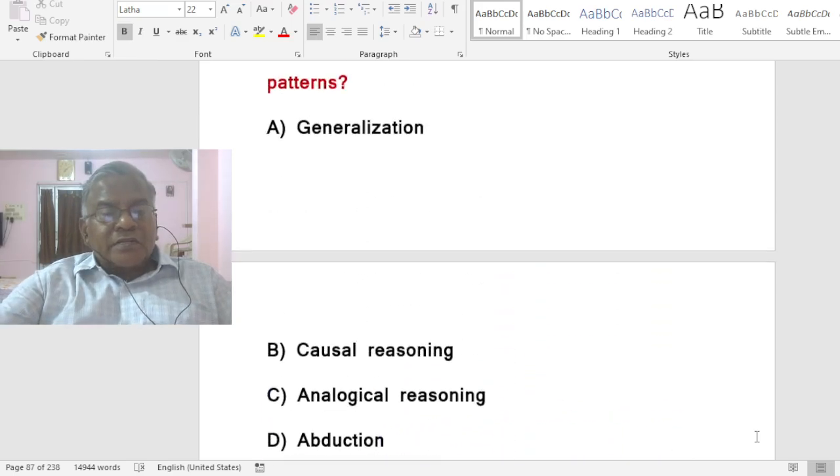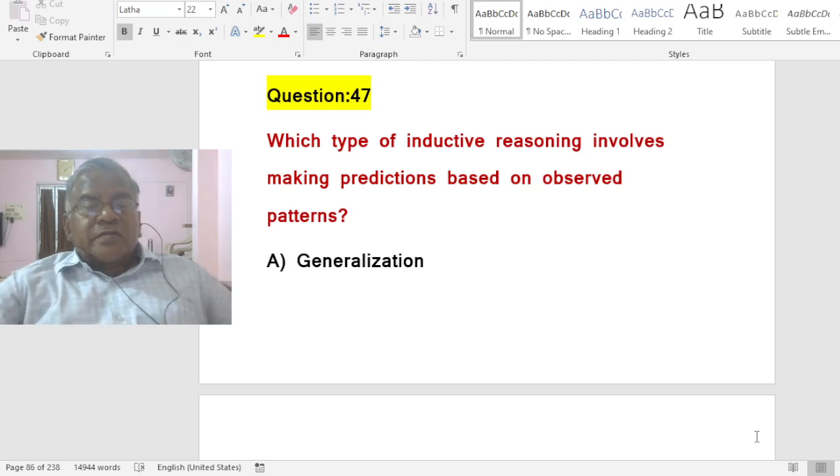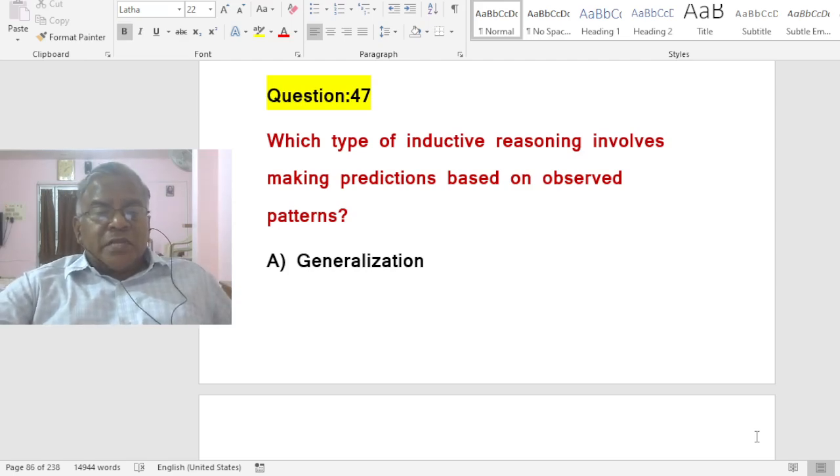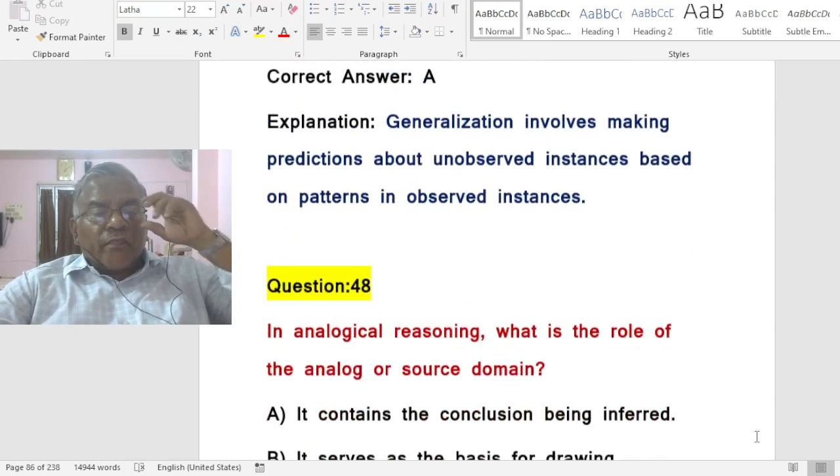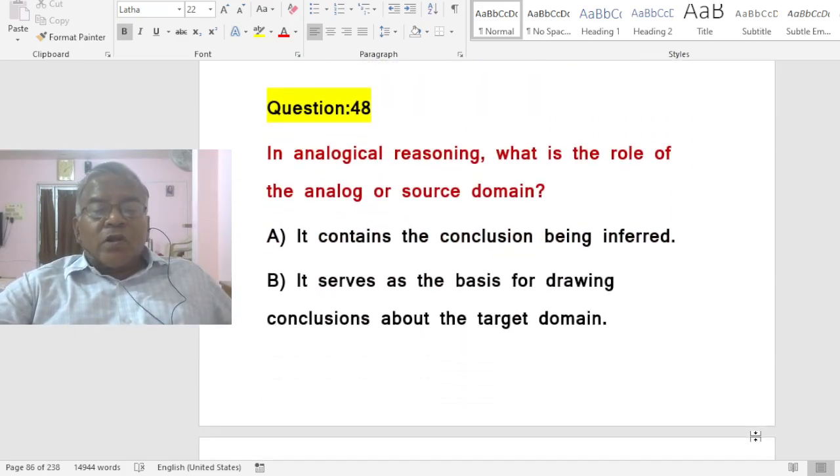So that is the idea here. In analogical reasoning, what is the role of the analog or source domain?